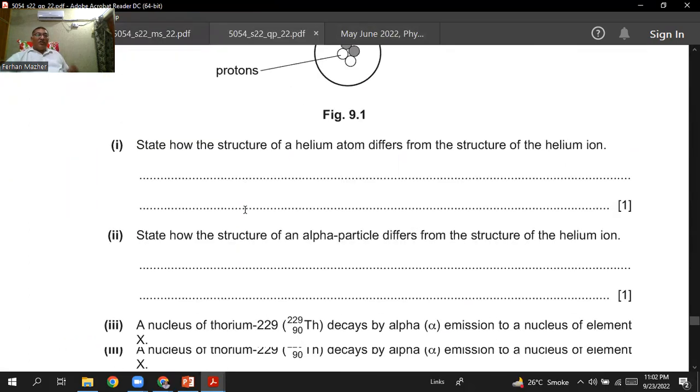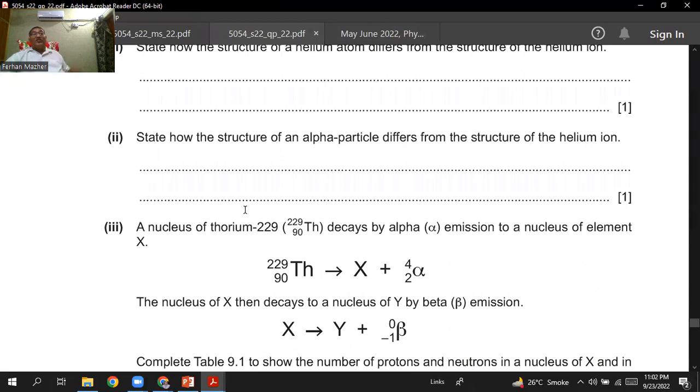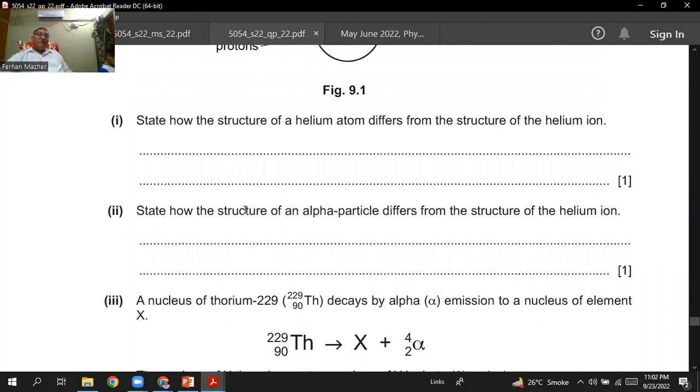Okay, so the second part is: state how the structure of an alpha particle differs from the structure of the helium ion. The alpha particle is like the nucleus of a helium. It has 2 protons, 2 neutrons only. And the helium ion has 2 protons, 2 neutrons, but it also has an electron in its orbit.